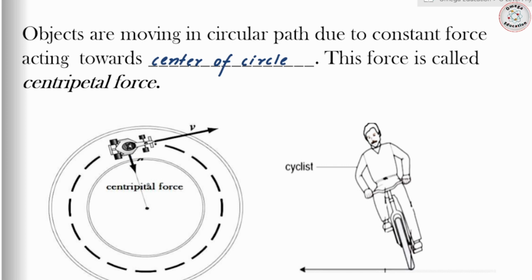The direction of the resultant force is perpendicular to the direction of motion at that point, towards the center of the circle. The direction of motion and the direction of the resultant force are always perpendicular to each other.